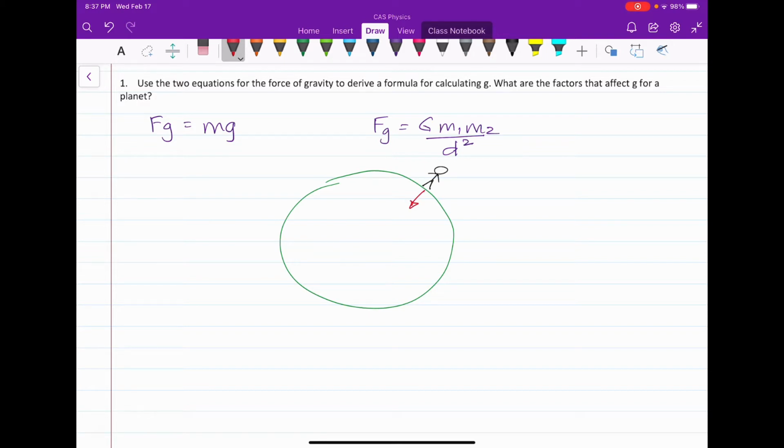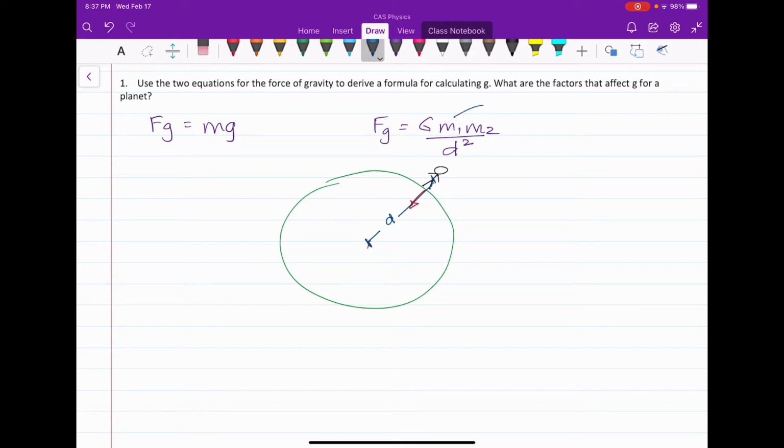Now, the distance is always the distance to the center of the planet, so the distance between the centers of mass of the two objects. Let's just draw it with a blue arrow. The distance from here to here is going to be d. That's the distance between the centers of the two objects. M1 and M2 are the two masses involved.